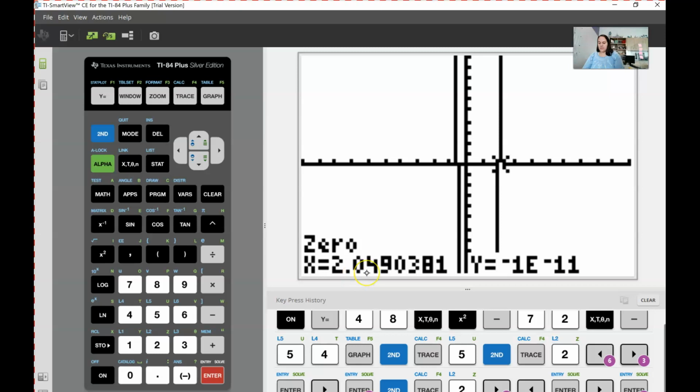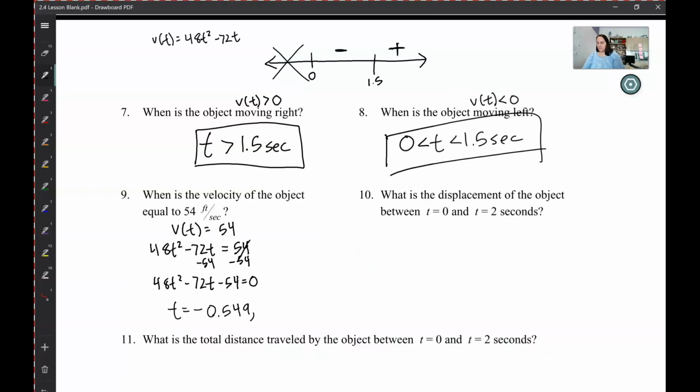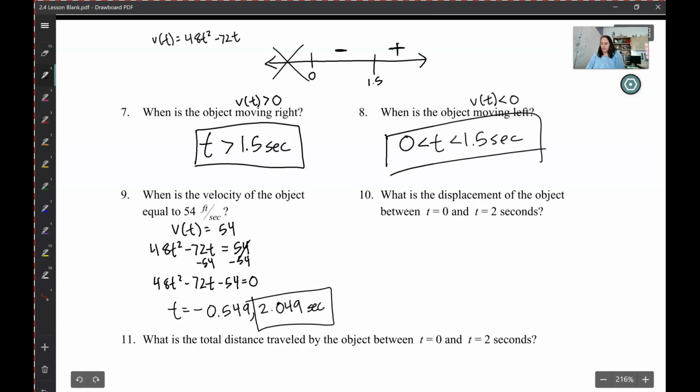And there's my second 0 at 2.049. Now, once again, these are going to be seconds. And once again, we also do not have negative times, so be conscious of that. Okay, so there's our final answer.